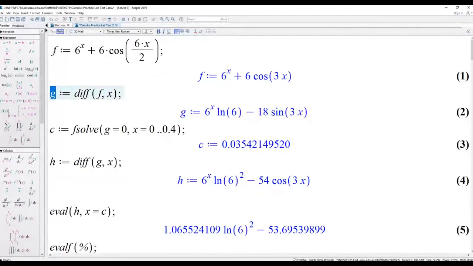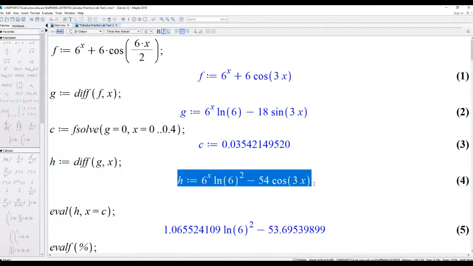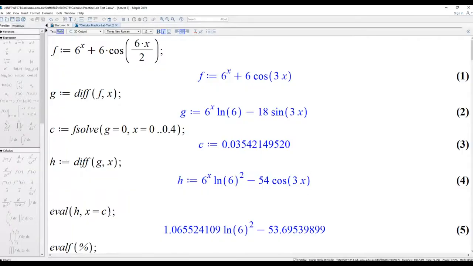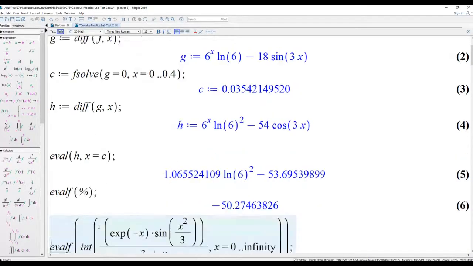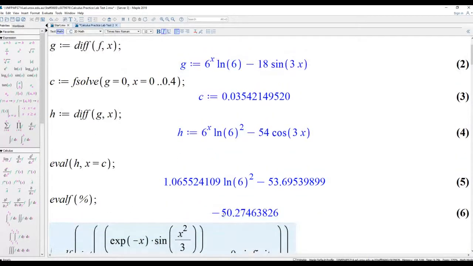So that's the second derivative of f, right? I've differentiated it, and I get this function here. And what I want to do then is evaluate the function at my point C. Okay, so I do that. It's not in a very nice format, so I'll evaluate it as a decimal. That's going to be the value of the second derivative at the turning point.